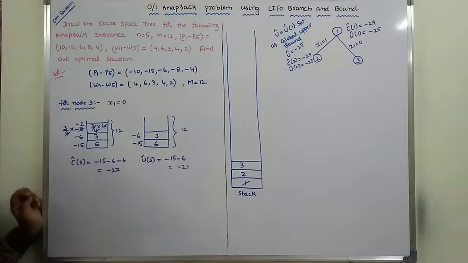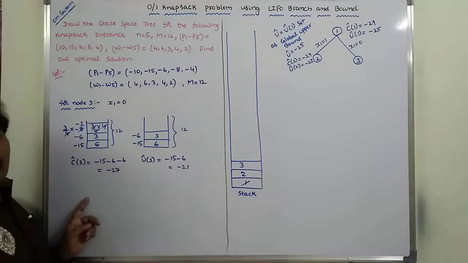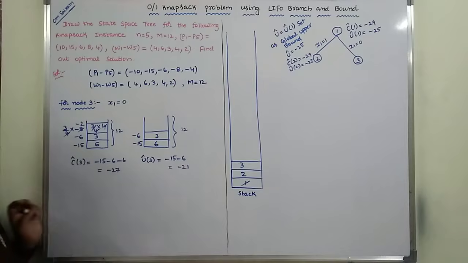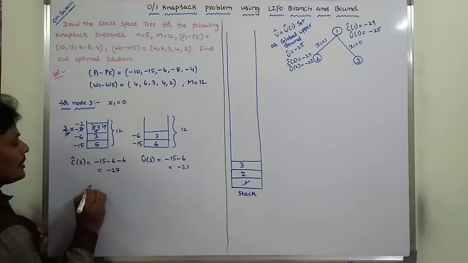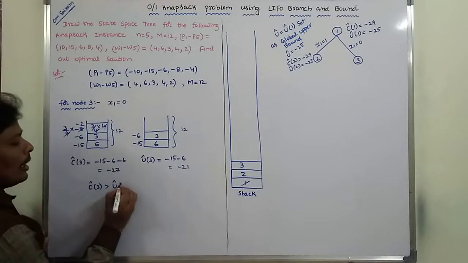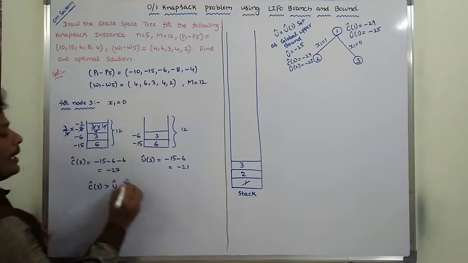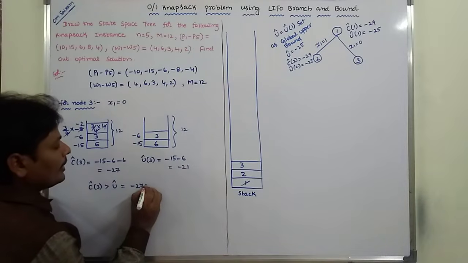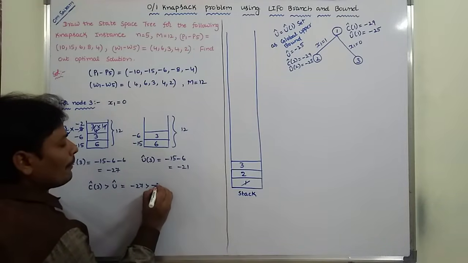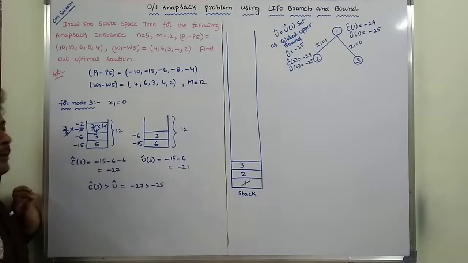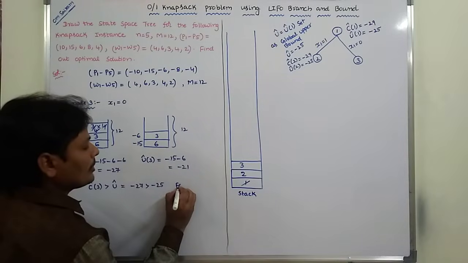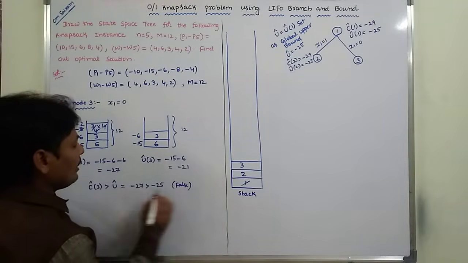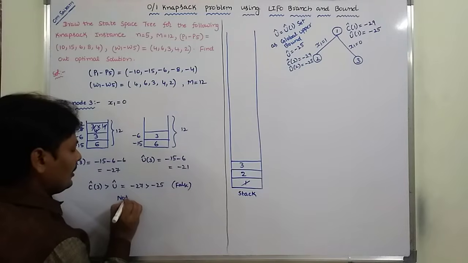Okay, now can node 3 be extended or not? So, is C cap of 3 greater than the global upper bound? C cap of 3 is minus 27, global upper bound is minus 25. So this is false, so node 3 can be extended.